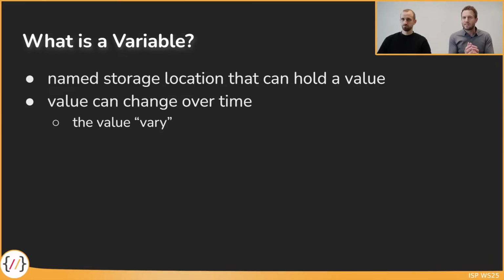So it holds a value, and it can also change this value over time. Whenever we, for example, want to compute the sum of two numbers, and the user should enter those numbers first, we have to store those values somewhere, and this is the concept of variables. So we would have to introduce two variables where we want to store those numbers.